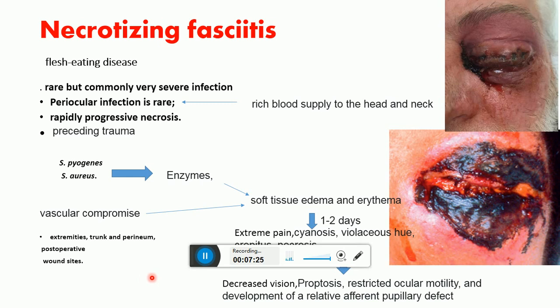Redness and edema are followed after 1 to 2 days by pain and cyanosis, violaceous hues, and large bullae formation, and there is black discoloration of skin due to necrosis. It can also cause decreased vision, proptosis, restricted ocular motility, and development of a relative afferent pupillary defect. So this is a rare but very severe infection.